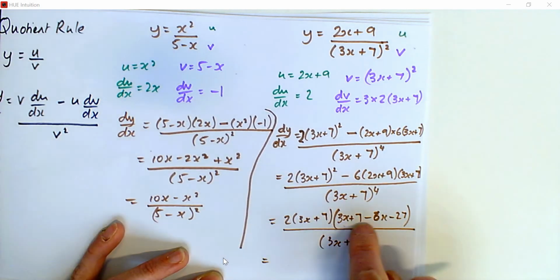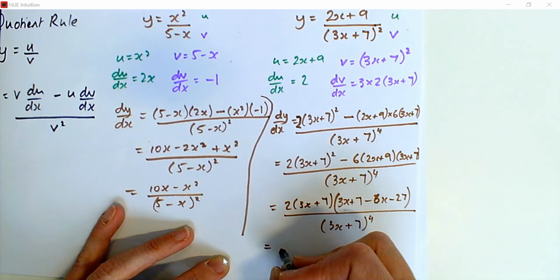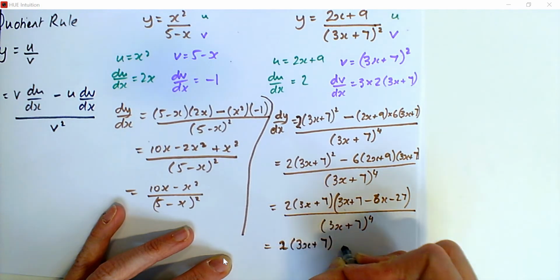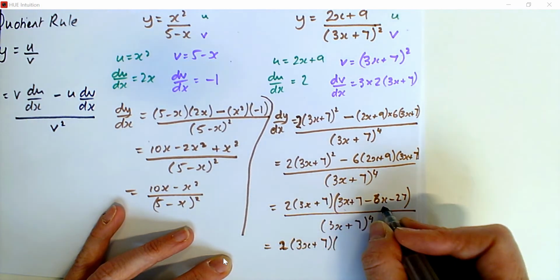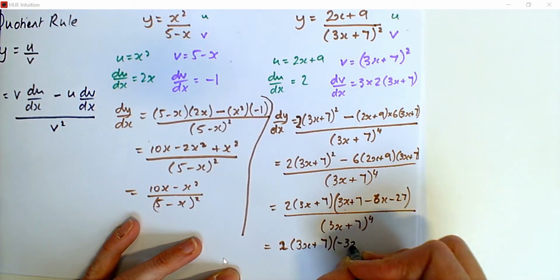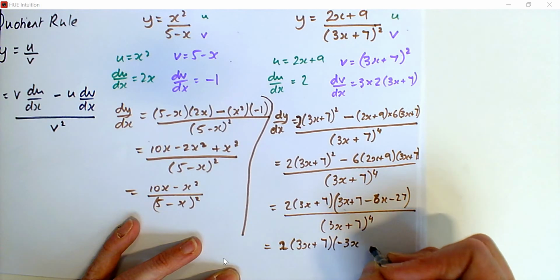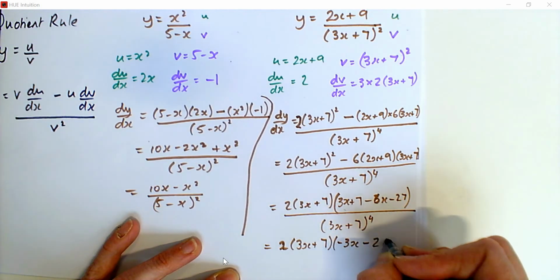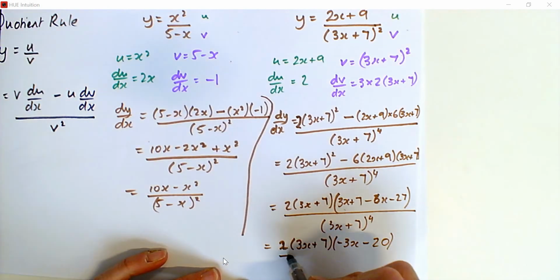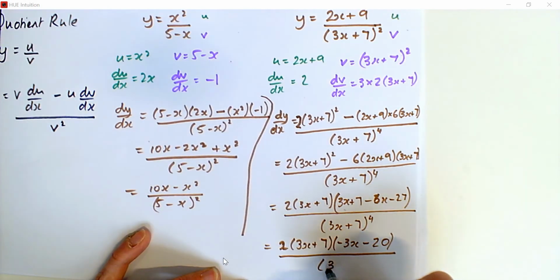So let's just tidy up the second bracket. 3x take away 6x is going to be negative 3x, and 7 take away 27 is going to be negative 20. So you could take the minus out the front if you wanted to. There we go.